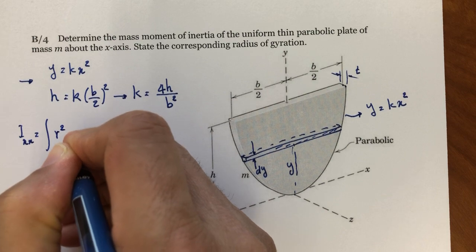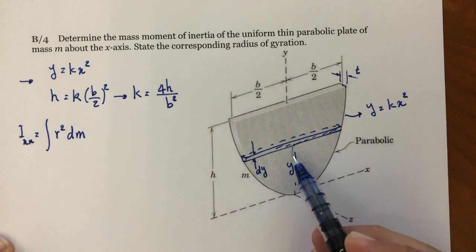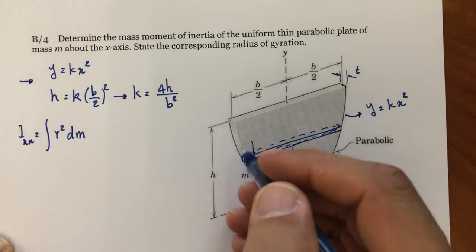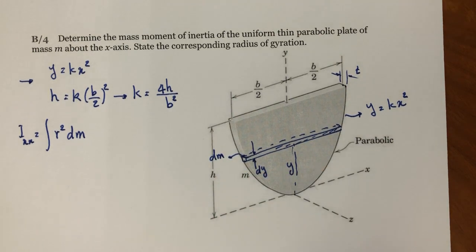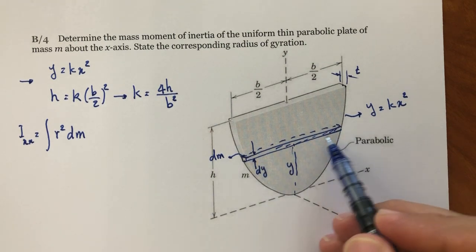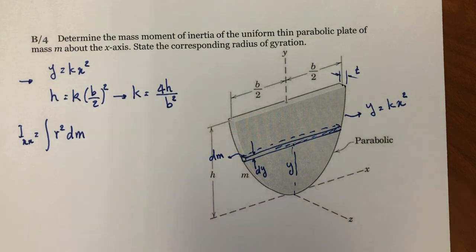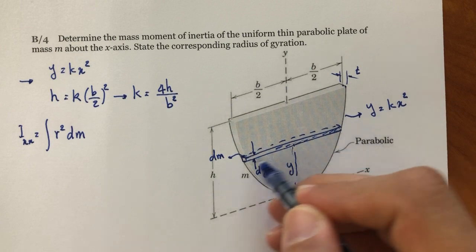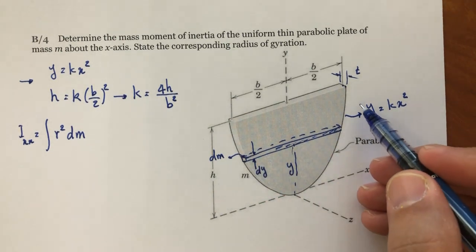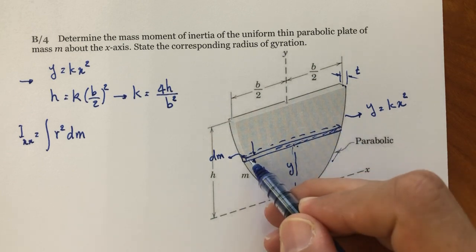So r squared times dm, this is the definition again. r is the distance of my element from the x-axis, which is going to be y. But what is dm? Sometimes that is the difficult part. So dm is going to be rho times the volume, and the volume is this area times the thickness t. So the height of it is dy, but what is the length of it? What is the width of this? I can use the equation of this line to find the width.